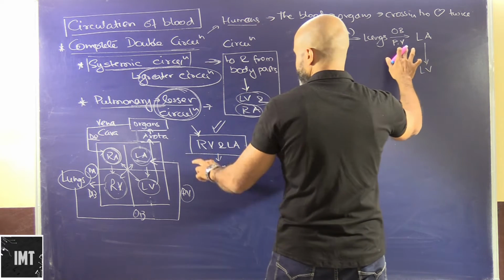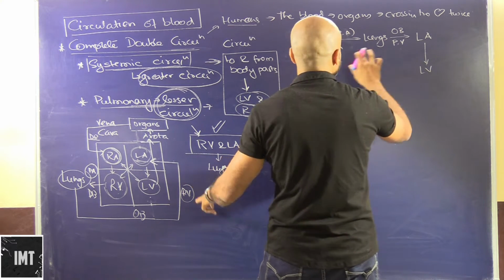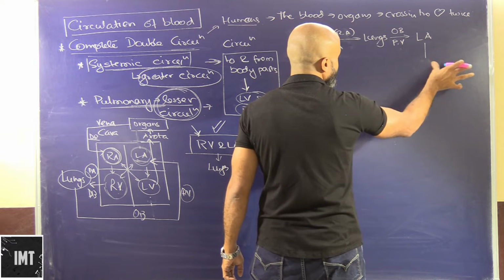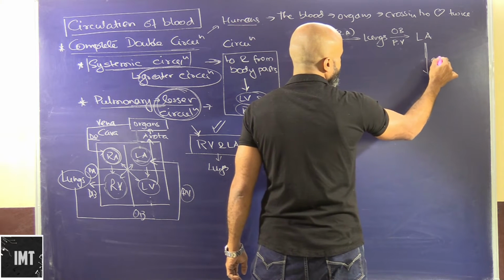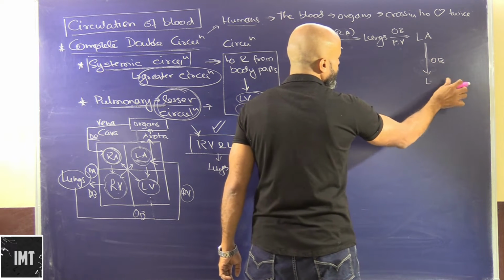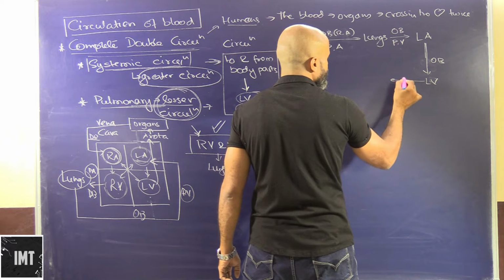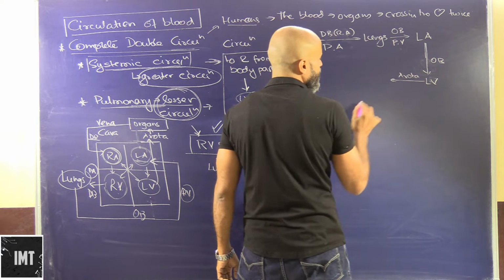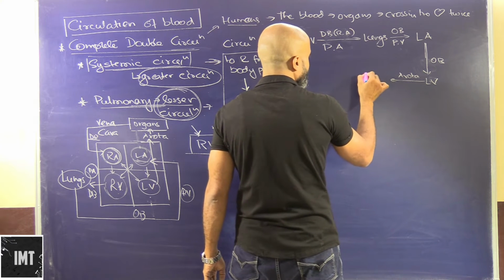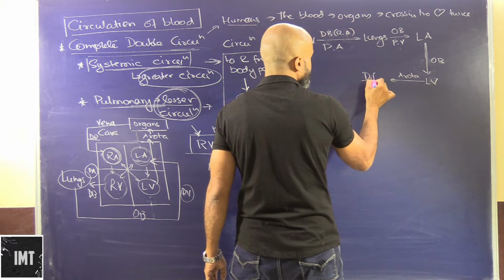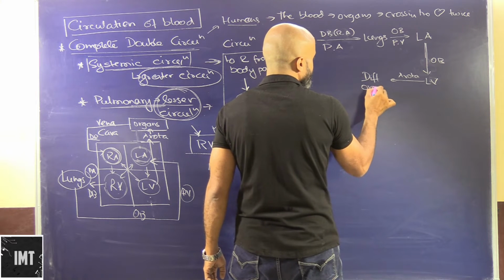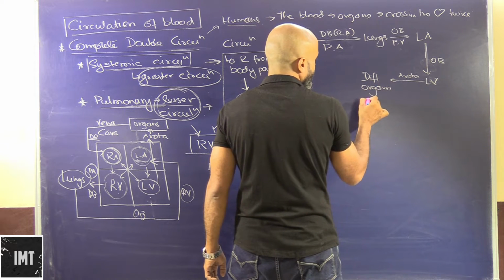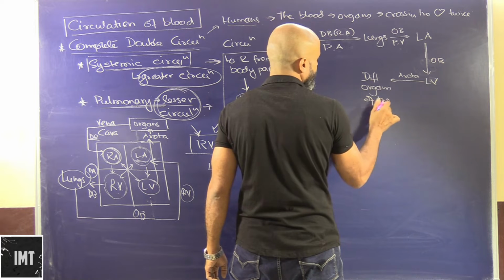So the left auricle is basically receiving this. Yes, this oxygenated blood gets into the left ventricle, and from the left ventricle through the aorta or the systemic arch, it is pumped to the different body parts, different organs of the body.